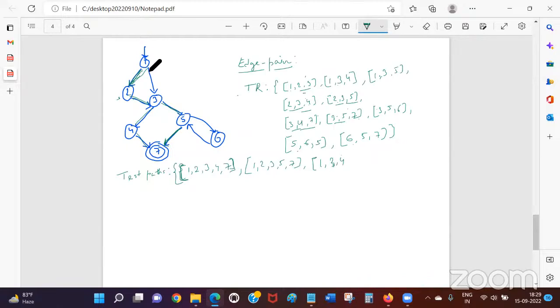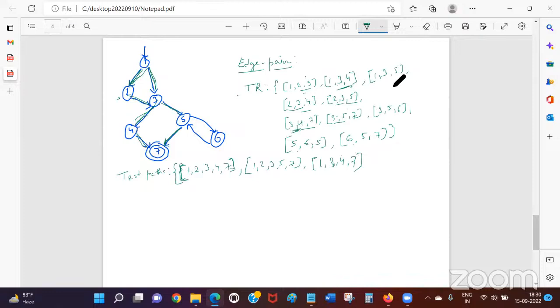Using 3, 4, I need to check whether I have anything starting with 3, 4. Here I have 3, 4, 7. So there is a path.